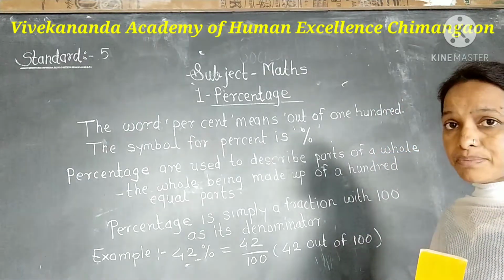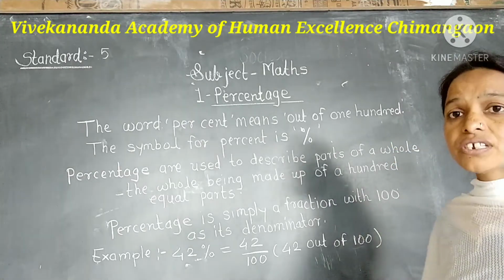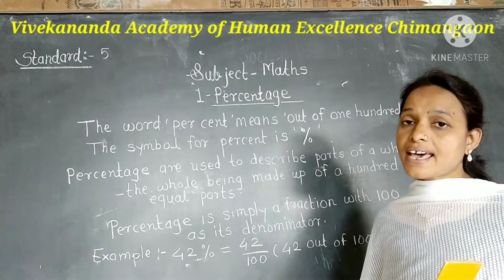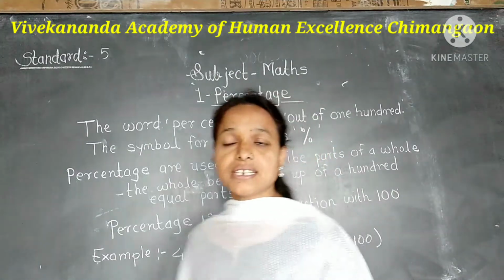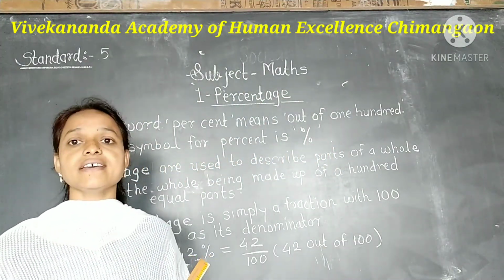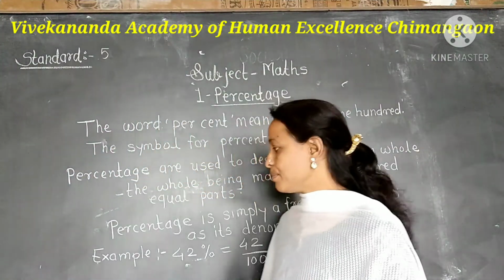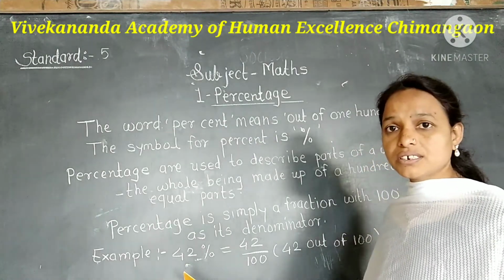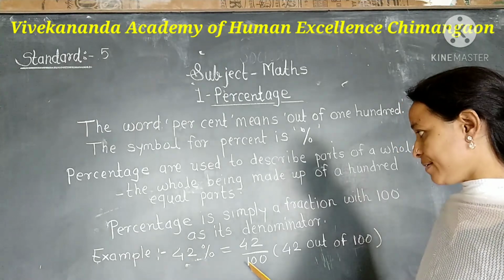Now percentage is a simple fraction. Percentage is a simple fraction with 100 as its denominator. Here is one example: 42%. What is the meaning of that? 42 upon 100.